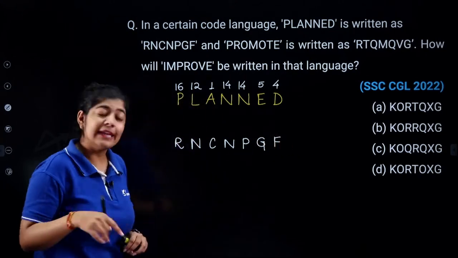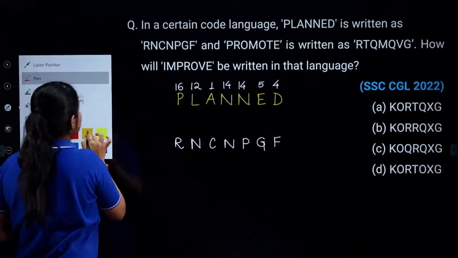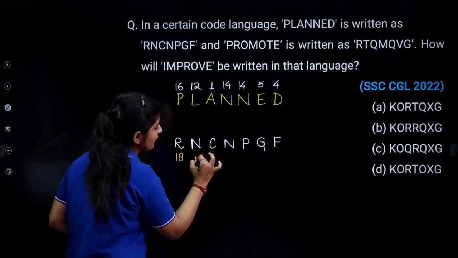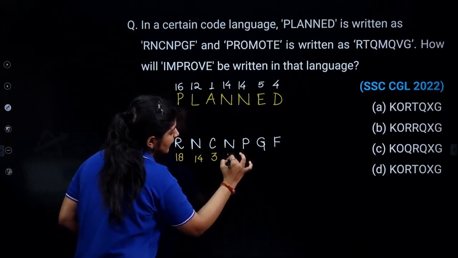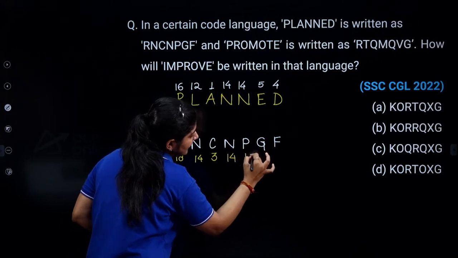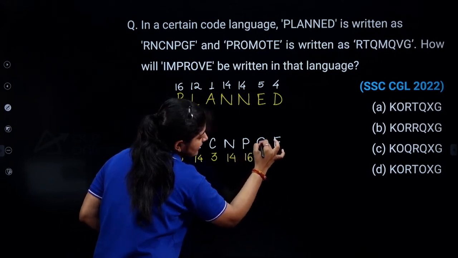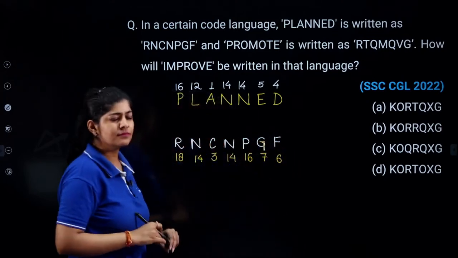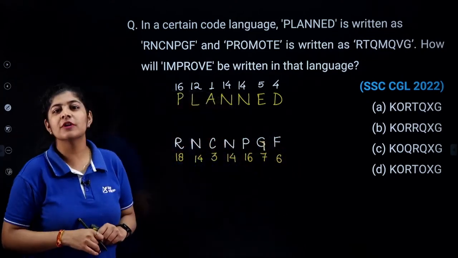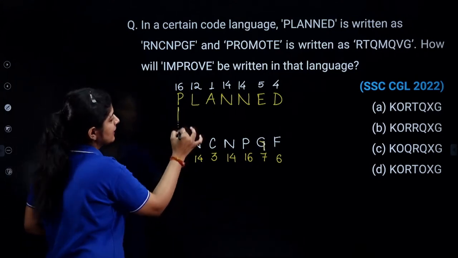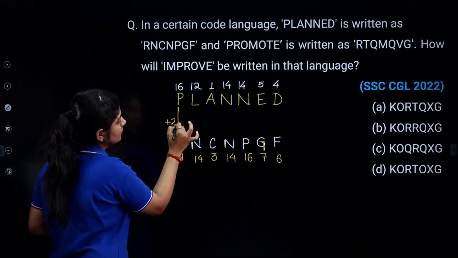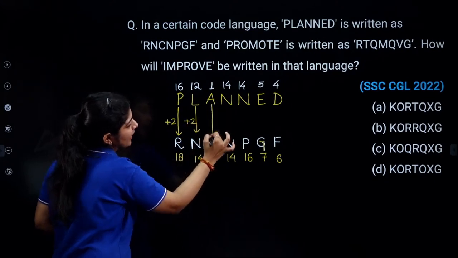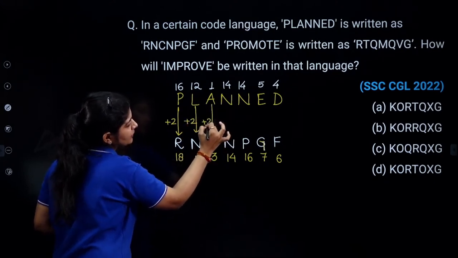Okay. Again I am going to write down the associated numbers of this one. R is 18, N is 14, C is 3, N is 14, P is 16, G is 7, F is 6. Now, I just observe the pattern. 16 plus 2, 18. 12 plus 2, 14. 1 plus 2, 3.